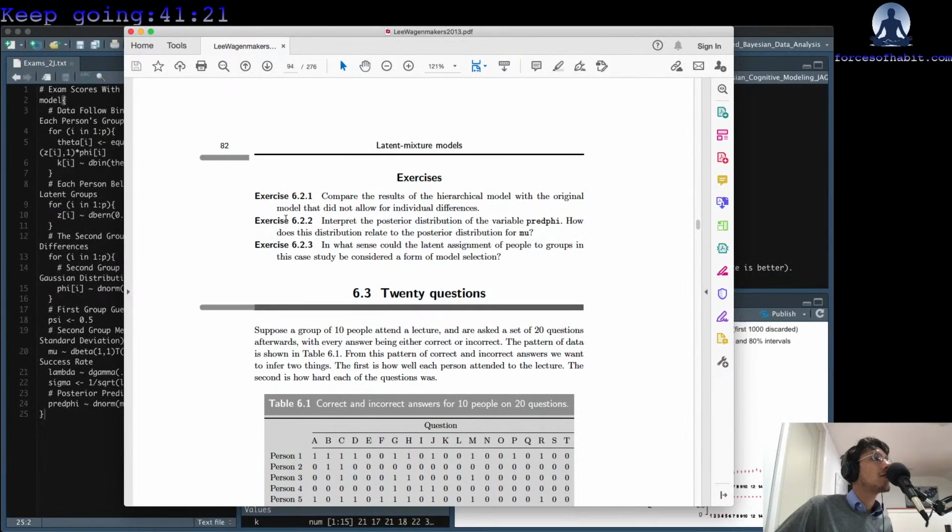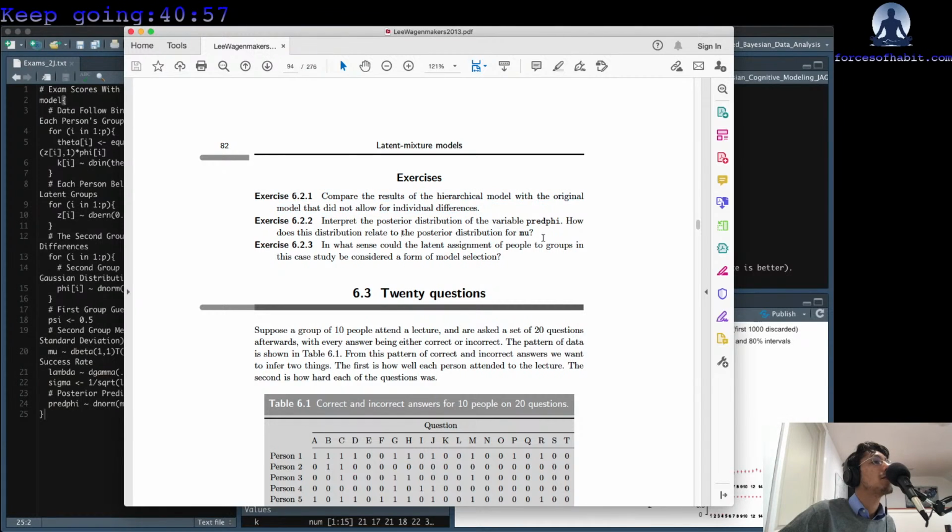Compare the results. We didn't really get a difference in interpretation. We're seeing the same pattern where the first 5 subjects are not knowledgeable. The following are knowledgeable. Interpret the posterior distribution for predicted phi.